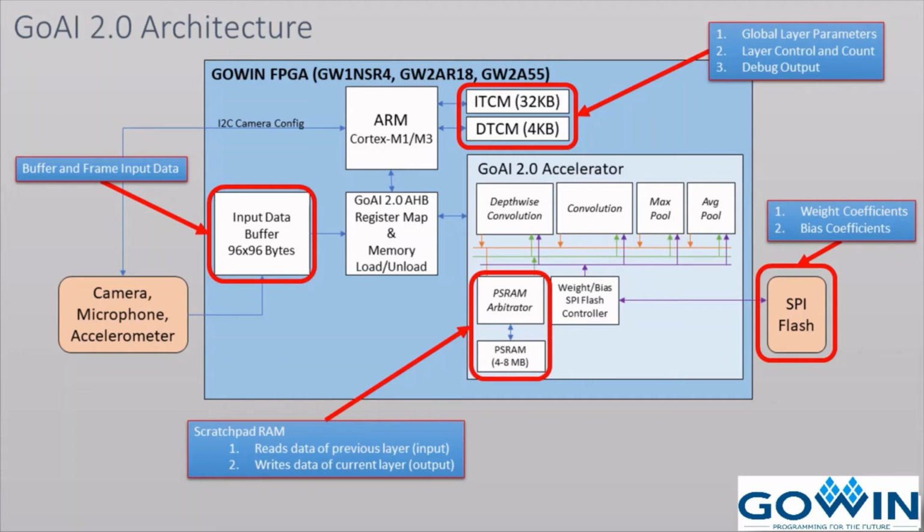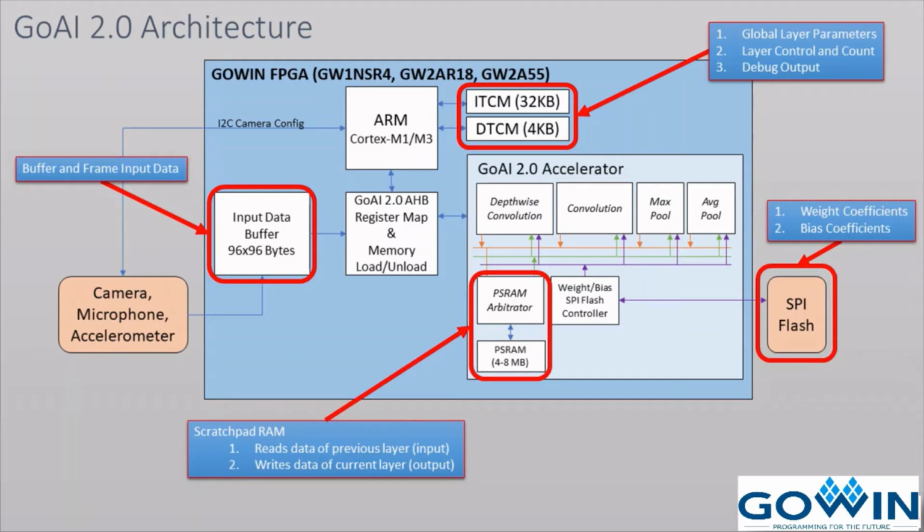Next, you have the kind of ARM Cortex M1 or M3 that is controlling the whole system. So once you have data in the buffer, you're probably going to want to push some of that data to the Go AI 2.0 accelerator, which is our NPU. And so the ARM Cortex M processor can take that initial input data and push it to the layer memory or scratch pad memory in the NPU.